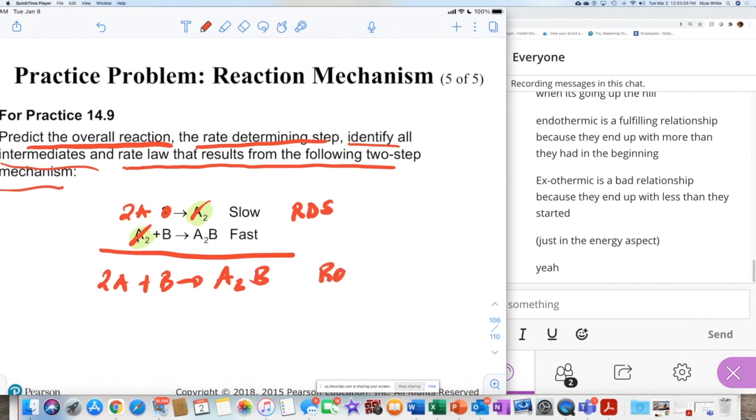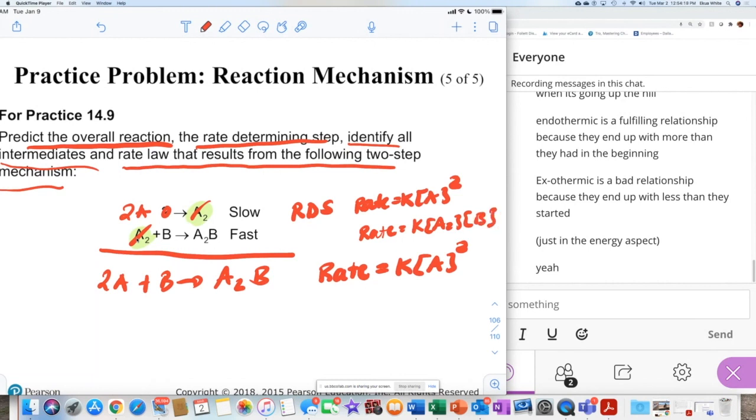The rate law of the overall is the rate law of the first one, which is the slowest one, k and then A raised to the power 2. These have to match: k, A raised to the power 2. The second one will be rate equals k, A2, B, right? But it's the first one that affects the overall. Yeah, so see, that's not that bad.